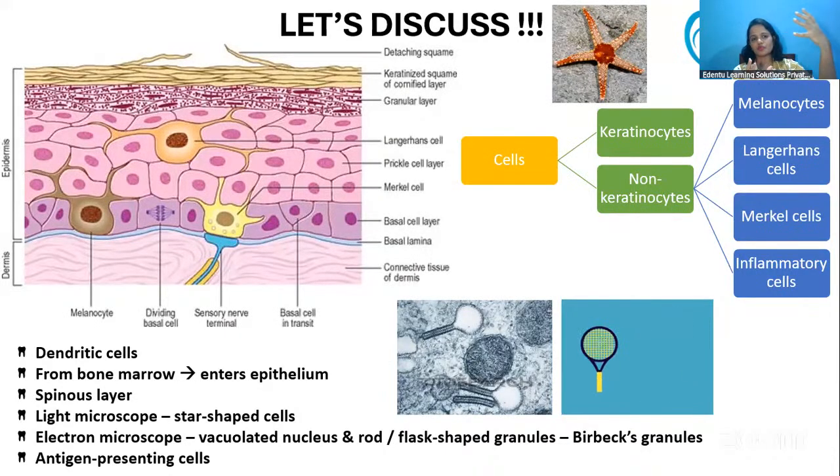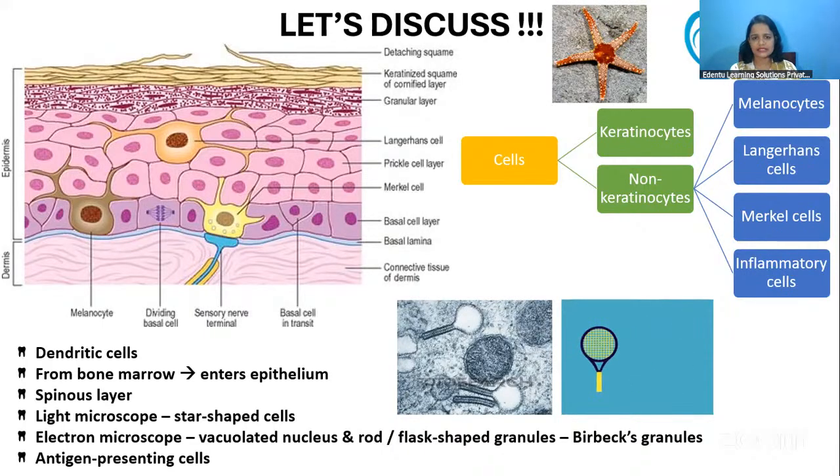Any sensation like pain, vibration or light touch is first perceived by the Merkel cells, and they directly pass it on to the nerve fibers below the epithelium. That is the main function of Merkel cells.